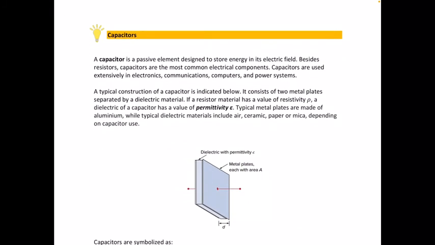First off, we have capacitors. A capacitor is a passive element designed to store energy in its electric field. Besides resistors, capacitors are the most common electrical components. Capacitors are used extensively in electronics, communications, computers, and power systems.